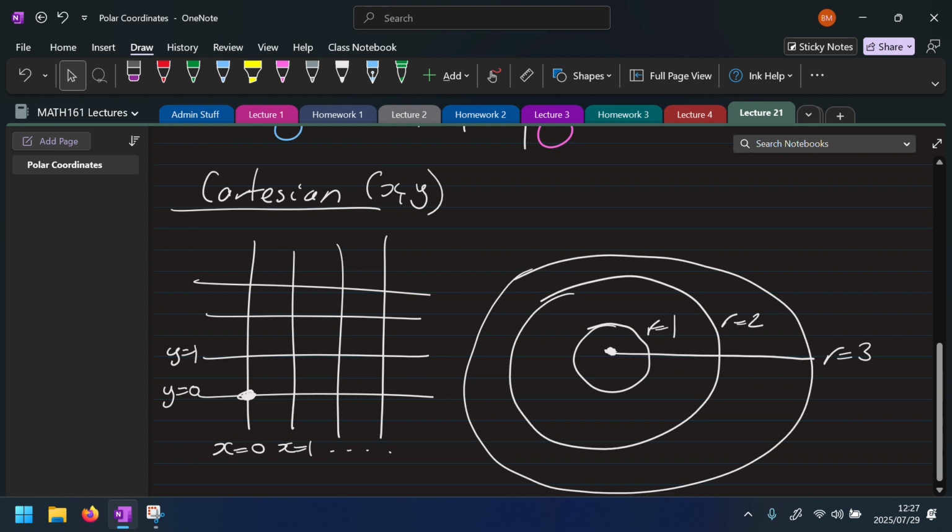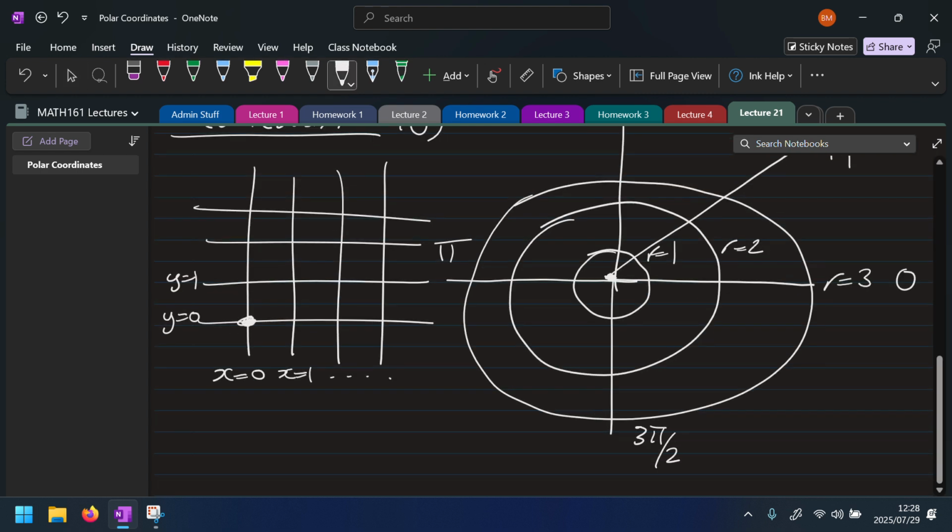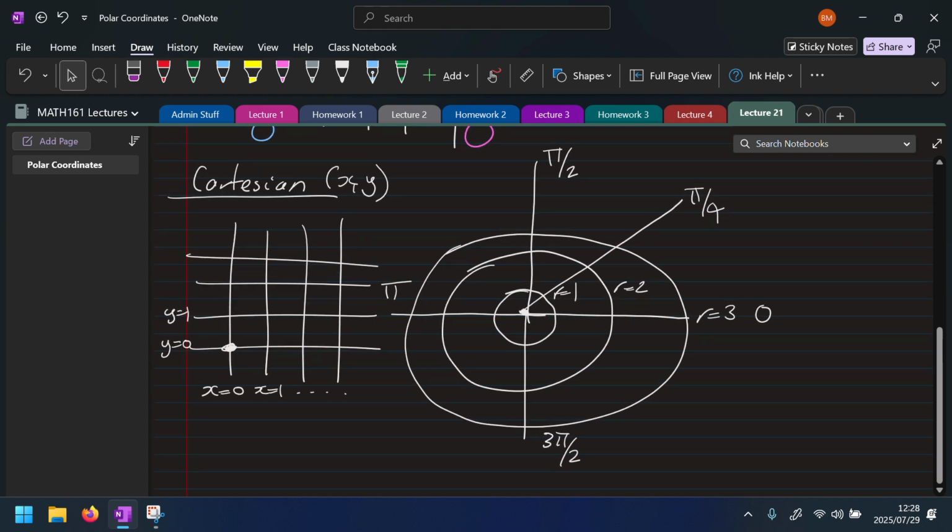So we've got this as our 0 angle, this as our pi over 4 angle, and it's going to go around like that. So this will be 0, pi over 4, up vertical, that is 90 degrees from that horizontal line, so this angle is pi over 2. And you can fill in all the lines going around. Here, this will be pi. Going down, this will be 3 pi over 2. And so on, you can fill in all the lines in between.